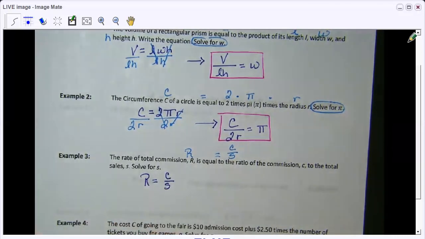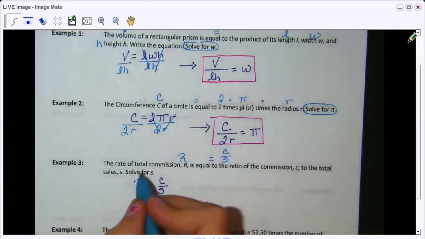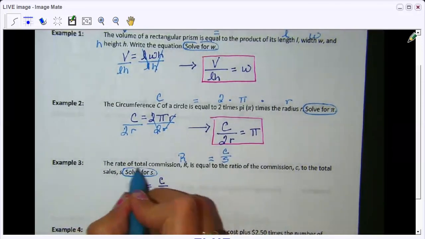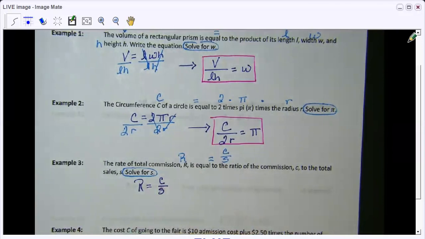Okay, and it's asking us to solve for S. This is a simple algebraic equation that we've already done, but it may seem different because there's only letters. We are going to multiply, but we're not going to multiply by C. Do you know, Diego, what we're going to multiply by?